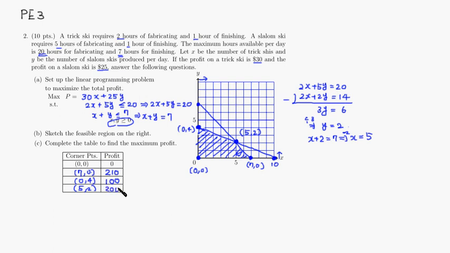So it's obvious which gives the maximum. The maximum profit is 210, which occurs at 7, 0, right here. That's it. I hope this was clear.